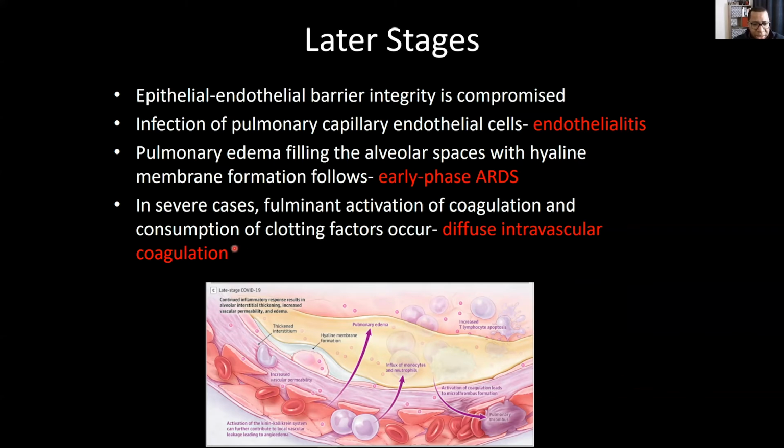And then in severe cases, you'll have activation of coagulation and consumption of clotting factors, right? This results in pulmonary thrombus formation that we see, right? And as it progresses, you can have a disseminated intravascular coagulation, the so-called DIC. This could result in viral sepsis and widespread infection.